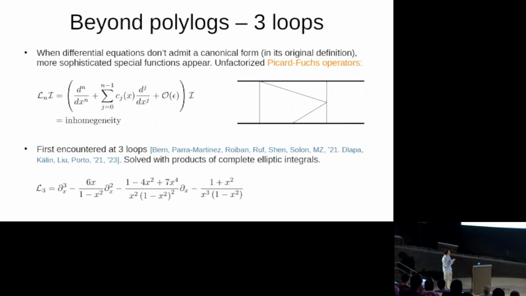In cases where you get Picard-Fuchs operators that cannot be factorized into linear differential operators, you know that you will get sophisticated special functions beyond polylogarithms, and this is first encountered at 3 loops.